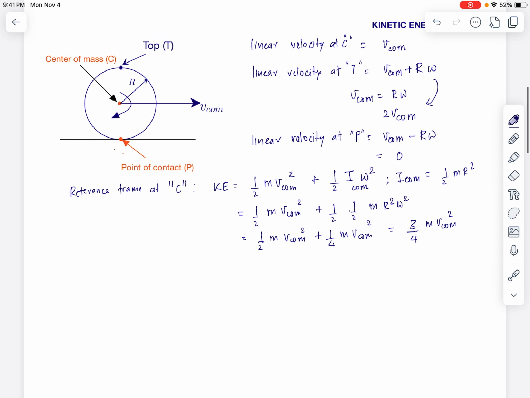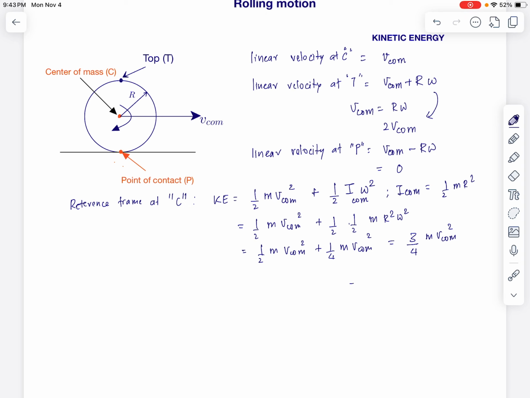So now let's change the reference frame to point P. Now let's place our reference frame at point P. If we see here, the entire cylinder rotates as a rigid body around the point of contact.